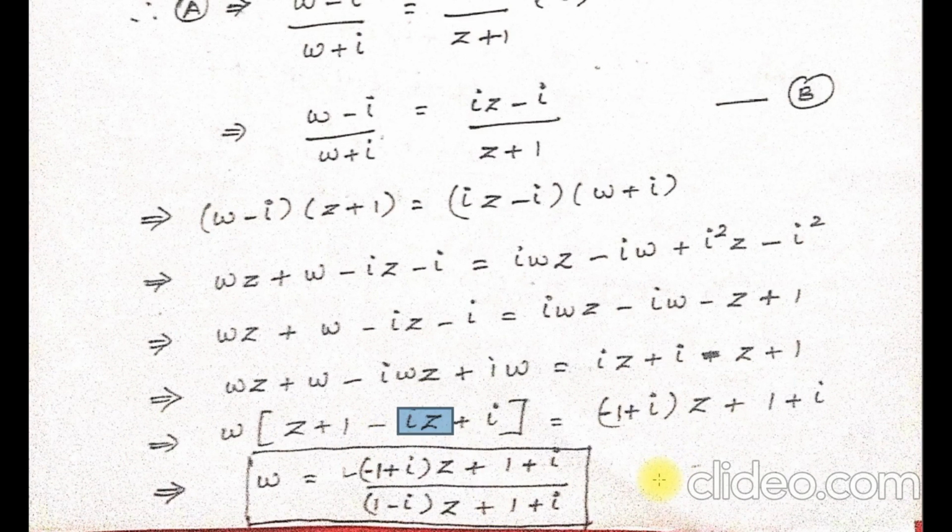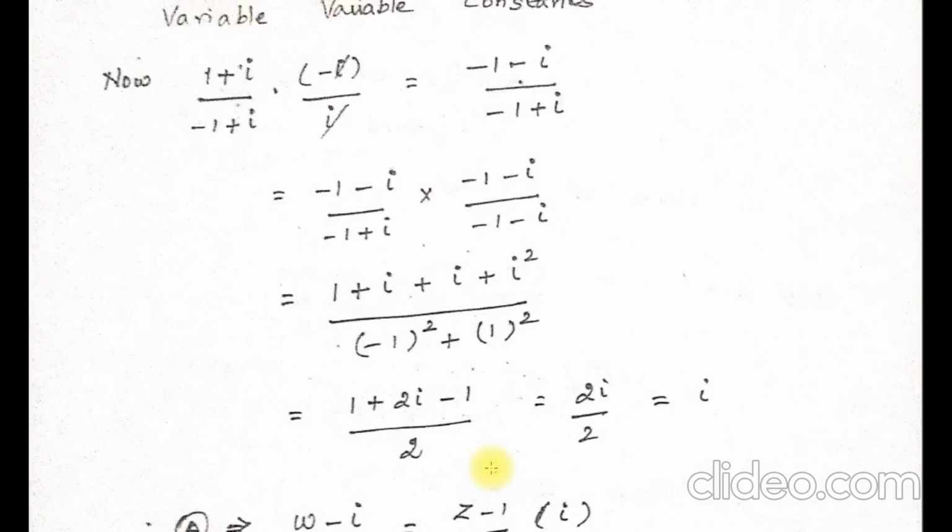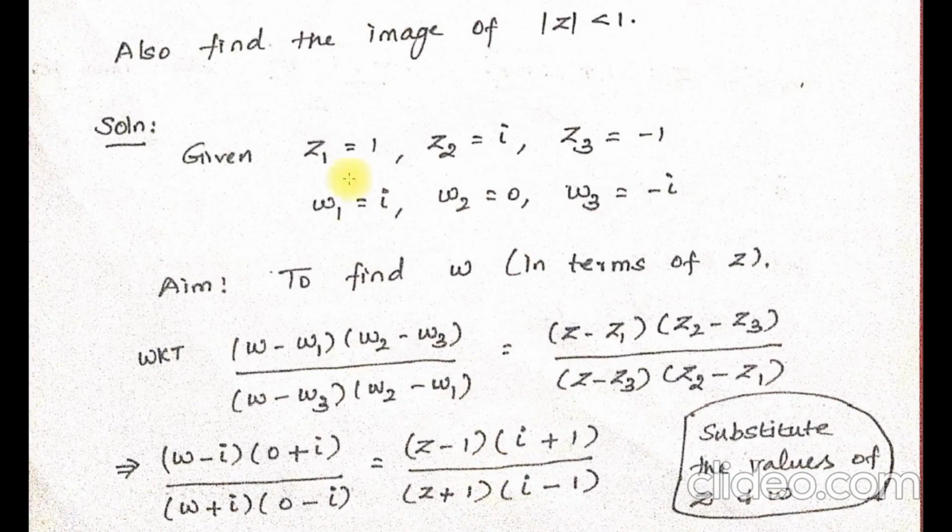Here you have one option: you can check whether the bilinear transformation you found is correct or not. That is the very advantageous thing in this chapter, how to find out whether the answer is correct. In the given problem, for the input z equal to 1, the output is i.